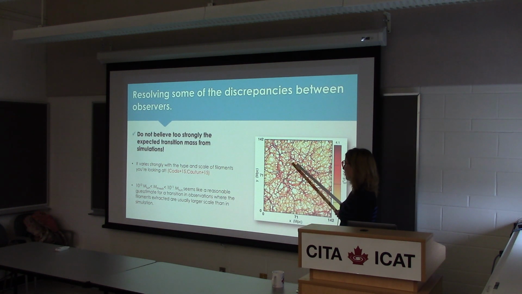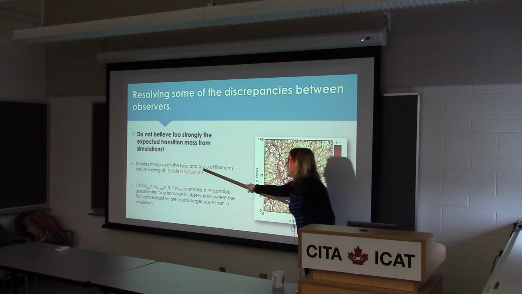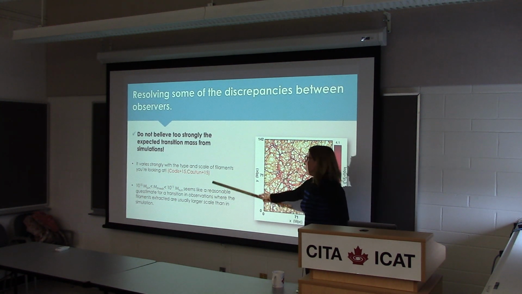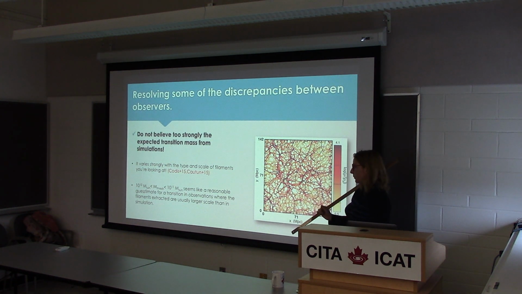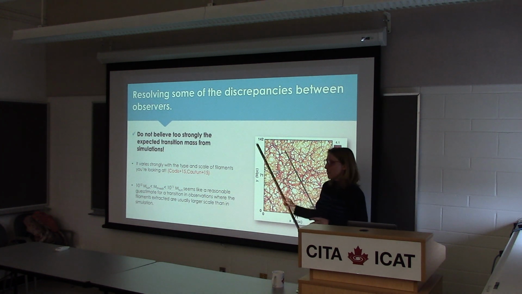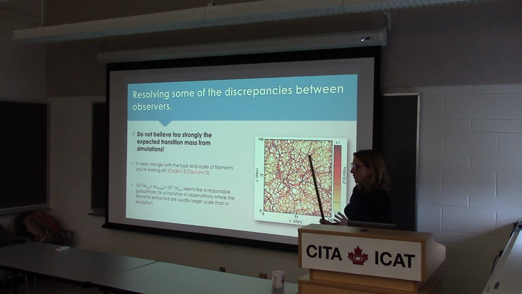So if you want to know if we did that in simulation, yes, many people did. This is a good review of it. We do expect transition masses, and we do expect these spins to be scale dependent. The phenomenon itself is multi-scale, but which masses correspond to which orientation is very scale dependent.